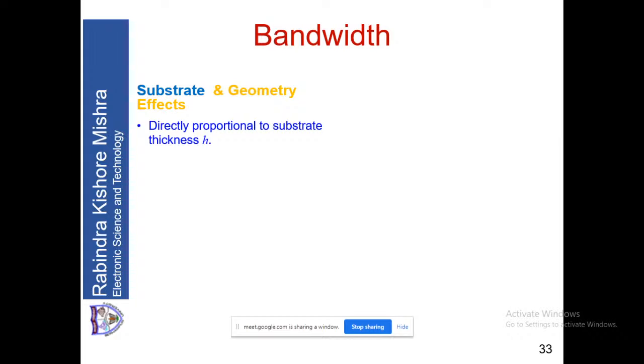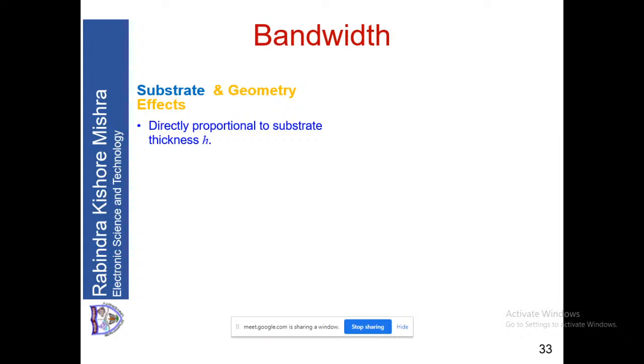Because as you know in the capacitor, C reduces as you increase the distance between the plates. Epsilon A upon D, as I keep on increasing D, then C will reduce. Why does C reduce? Because fields are loosely attached between these two plates. So if I increase the substrate thickness, then the field will be loosely attached.